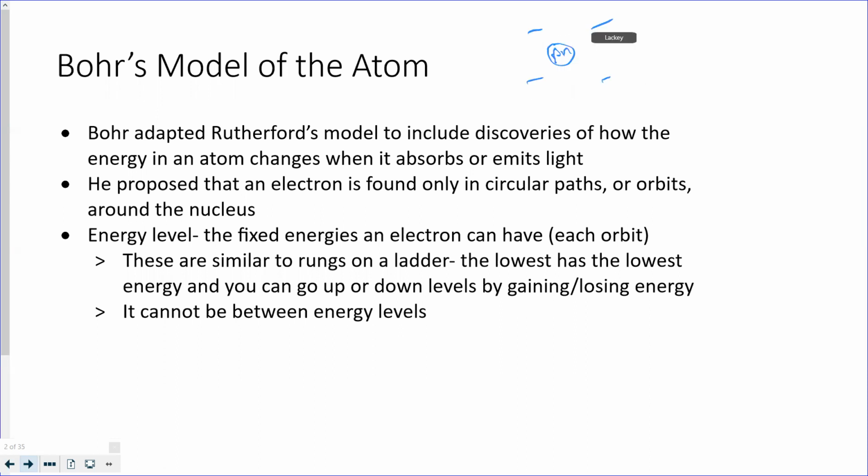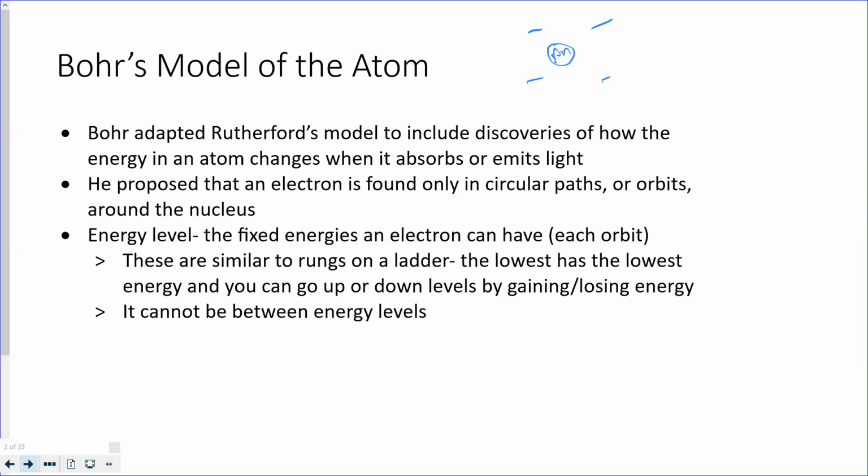They didn't really have an idea of where those electrons were located. So Bohr adapted this to focus more on those electrons and where they were, and looking at whenever a substance has electricity or energy, it gives off light, and how or why that happens.